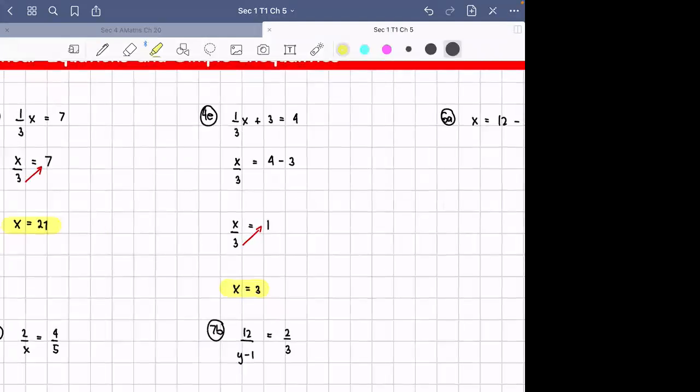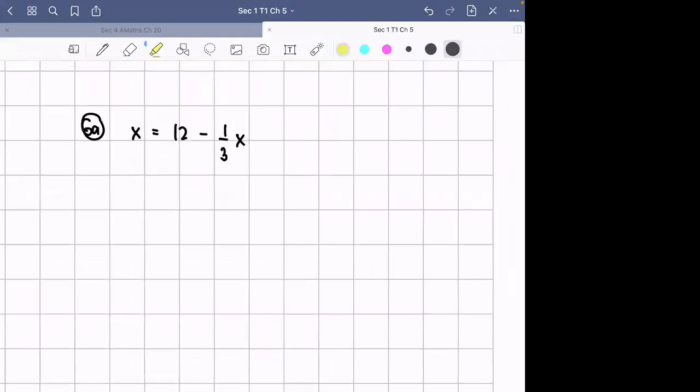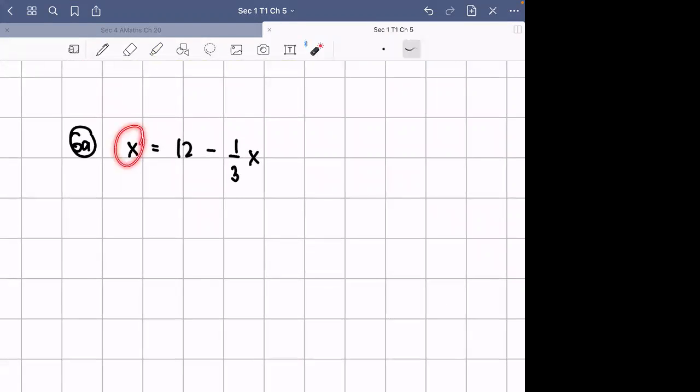Okay, how about 6a? Now 6a, we have x here and another x here. So we should put them together on one side, right? So I'll transpose a negative 1/3 x to the left side. So bring down x, and from negative 1/3 x it becomes a plus 1/3 x, equals 12.